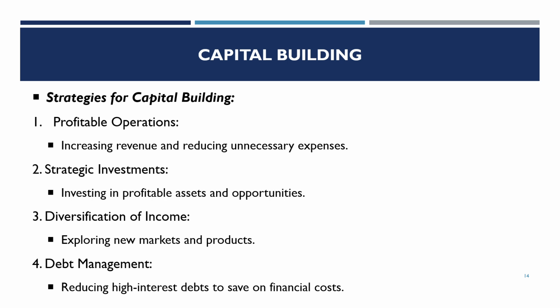Efficient debt management is vital too, as minimizing the interest payment can save a significant amount of capital. So debt management is focusing on reducing the high interest, which can save the funds that will help in building the capital.